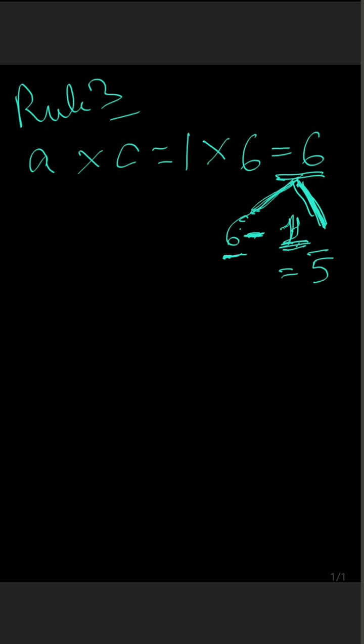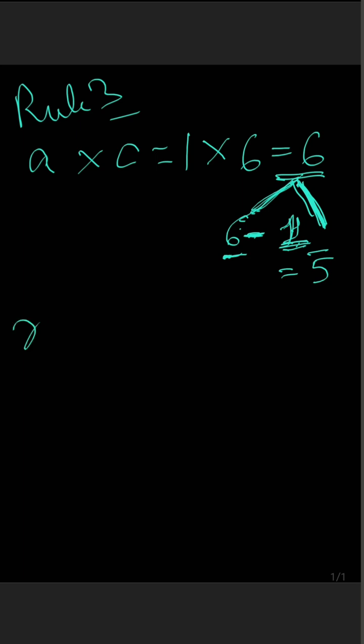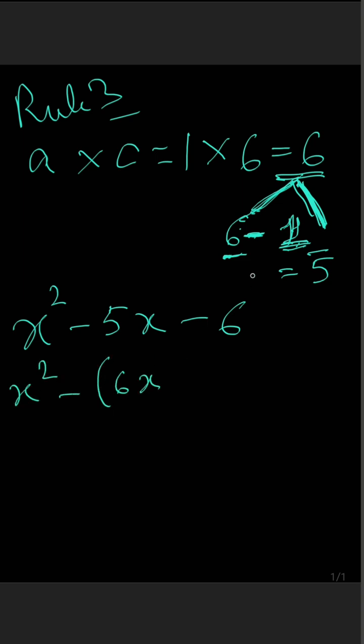So now see, x square minus 5x minus 6. This is the question. So how do we write this 5x here? We will write it in terms of the splitting of the a and c value, which is 6x minus x.